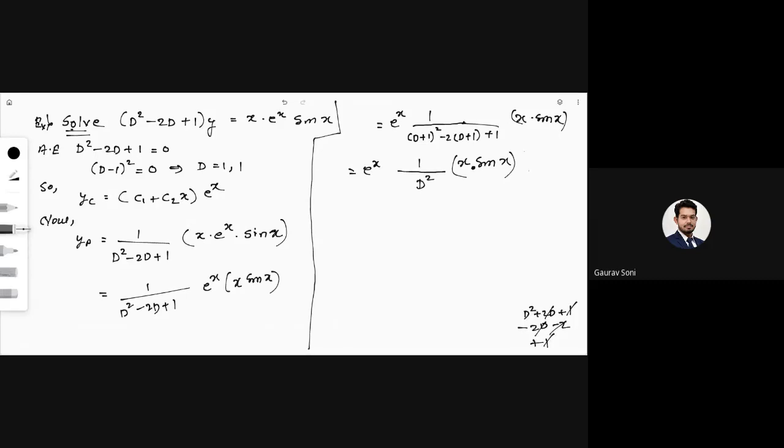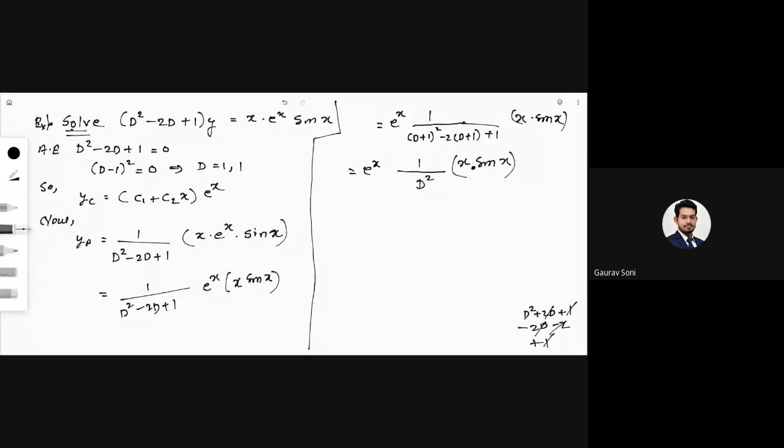So 1 upon d logically has to be the inverse of derivative. What is the inverse of derivative? It is integration. So when we say 1 upon d square, I will have to take 2 times the integration of this. That is one way, and it is a difficult one.